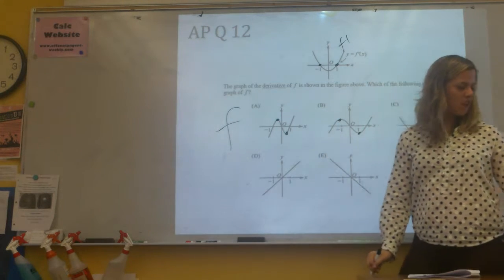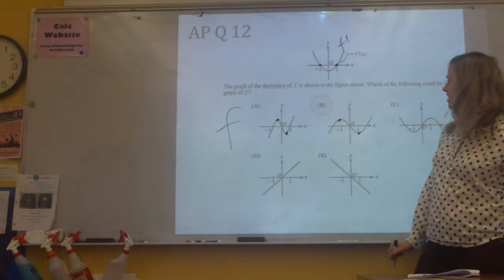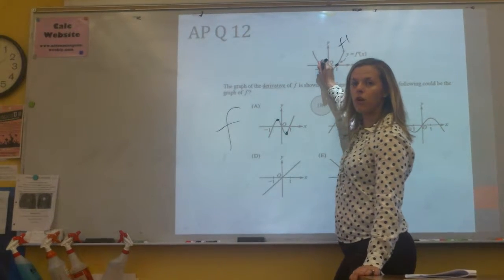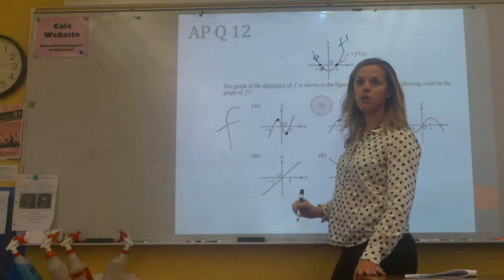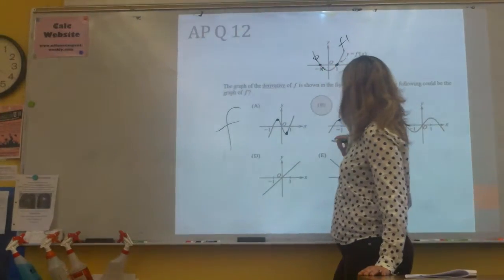And we're back. All right, the answer is B. So for f prime, when you are going from positive to negative, that means you have a relative maximum at that point. So at -1 exactly, you have a relative max.